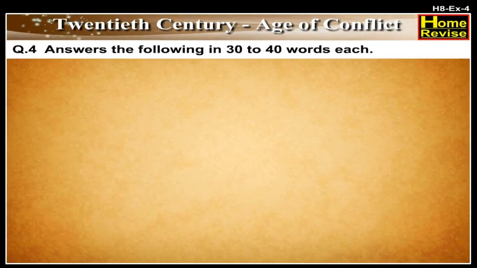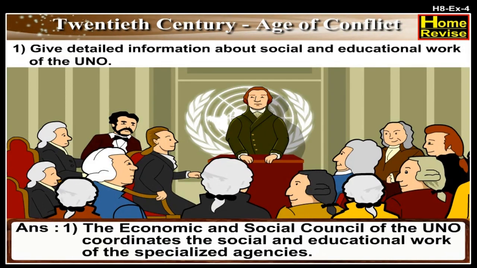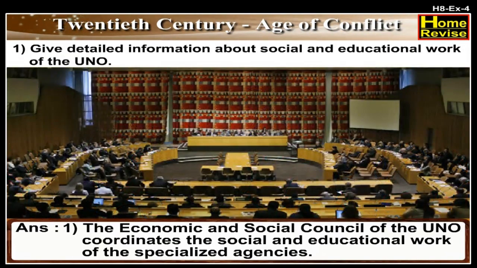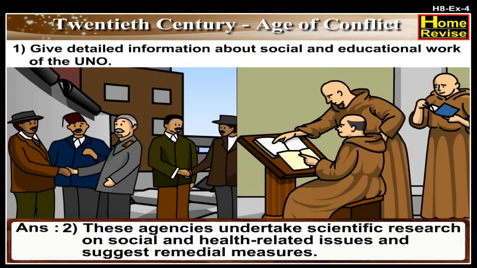Question 4. Answer the following questions in 30 to 40 words each. 1. Give detailed information about social and educational work of the UNO. Answer. 1. The Economic and Social Council of the UNO coordinates the social and educational work of the specialized agencies. 2.